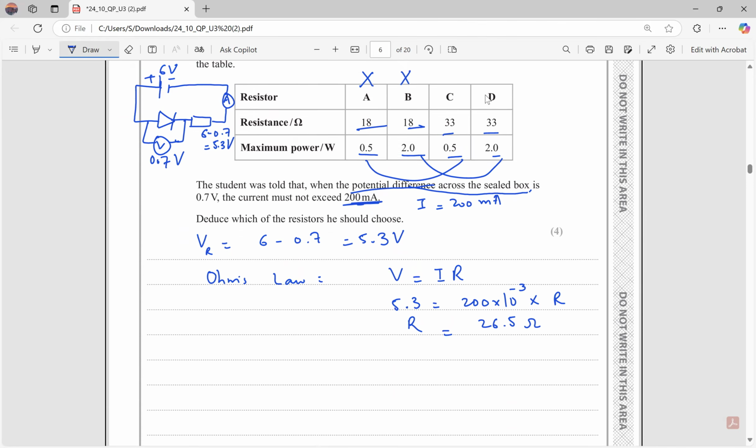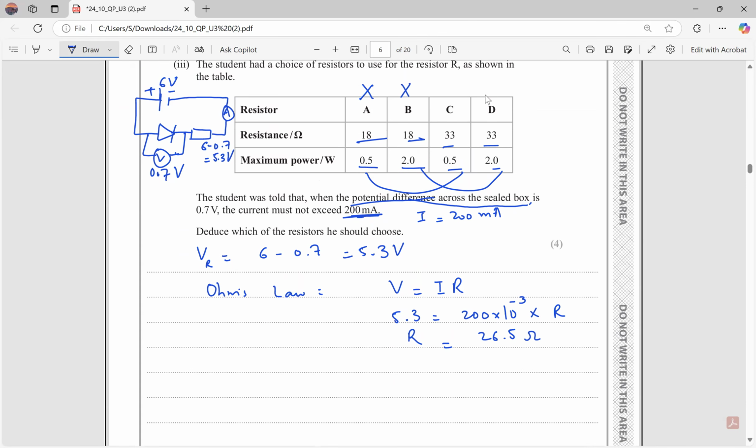Now we've defined the maximum power. So using this resistance, we can find the power across the resistor. Power has 3 formulas. They're in the formula sheet. Whenever you're solving physics questions, you must always have the formula sheet in front of you.